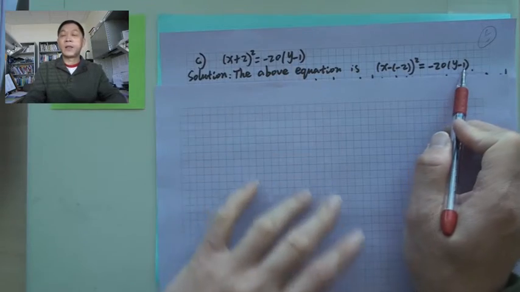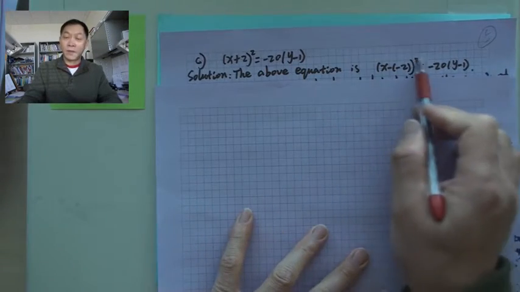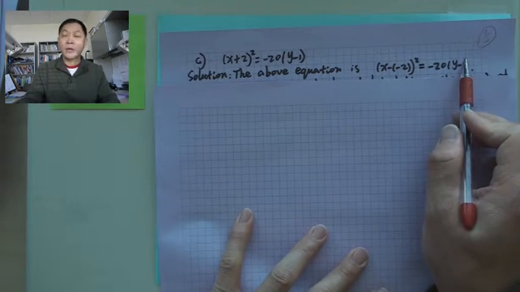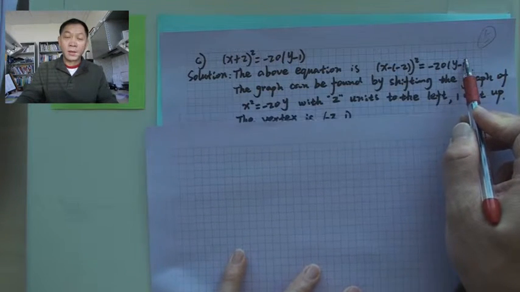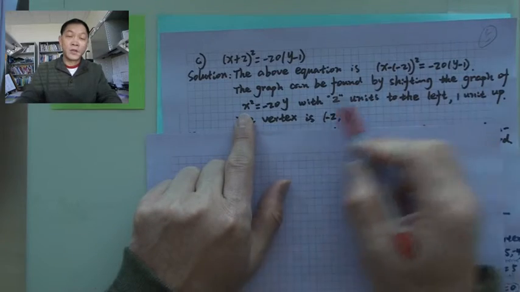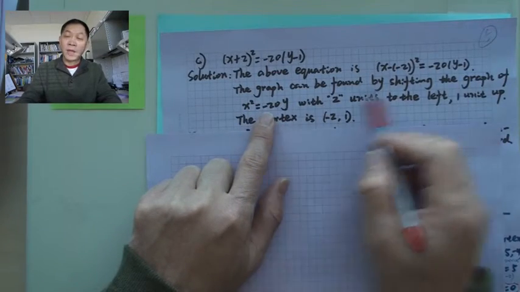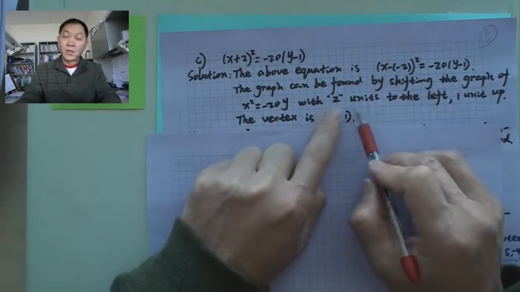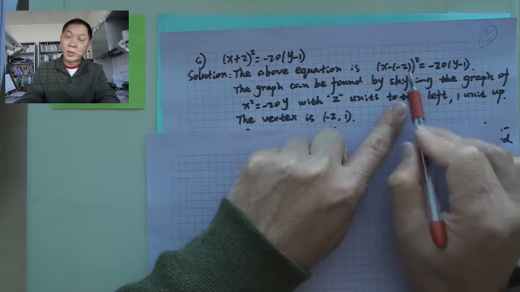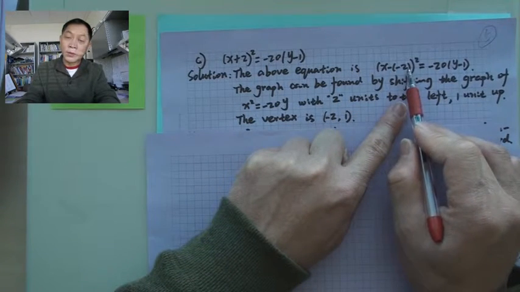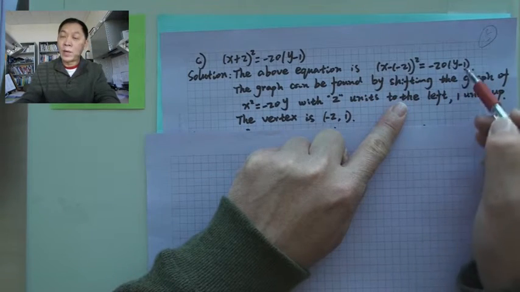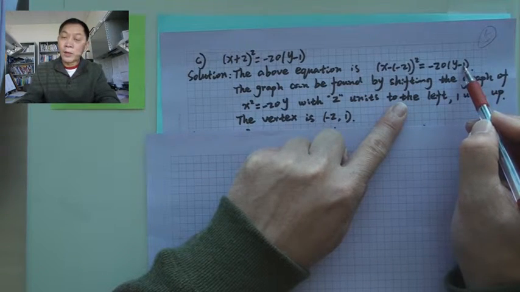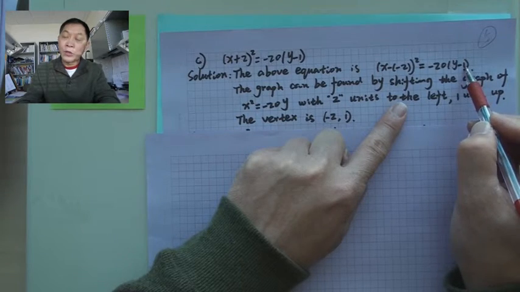This basically tells us that the graph can be obtained by shifting the graph x squared equals negative 20y by 2 units to the left, because here it is minus negative 2. Negative 2 means to the left. Minus 1 means 1 unit up.